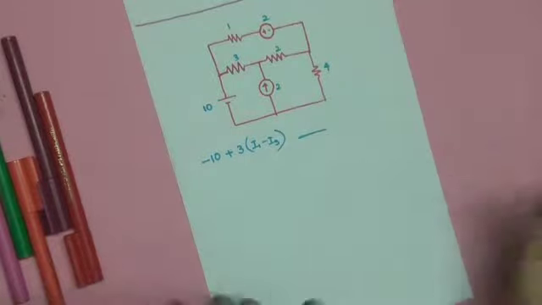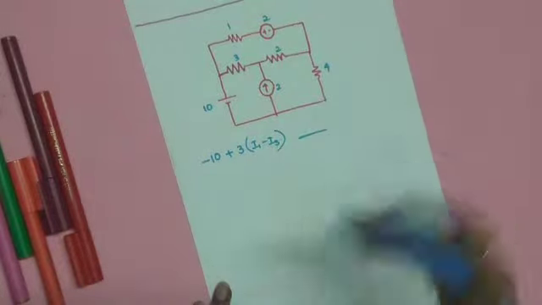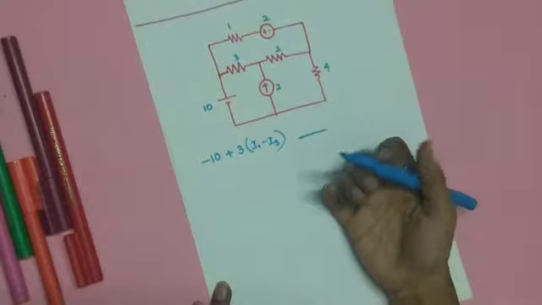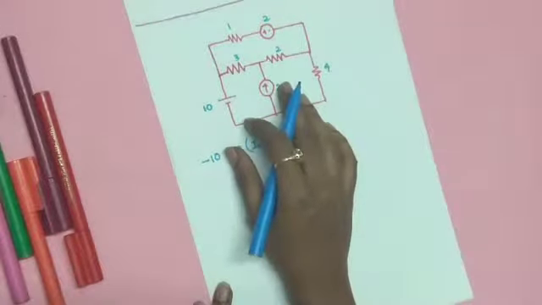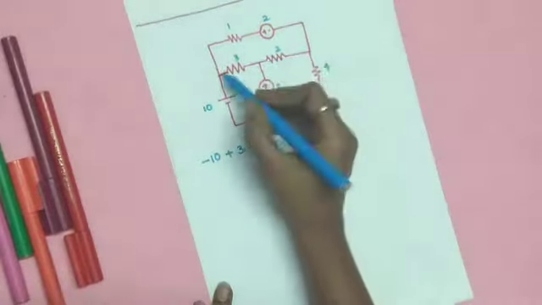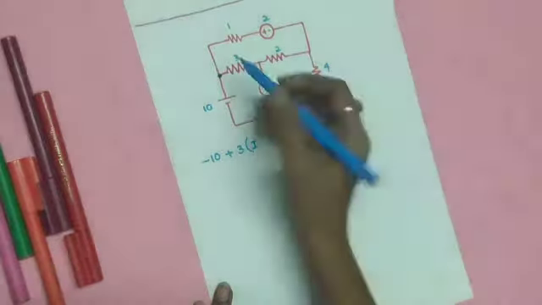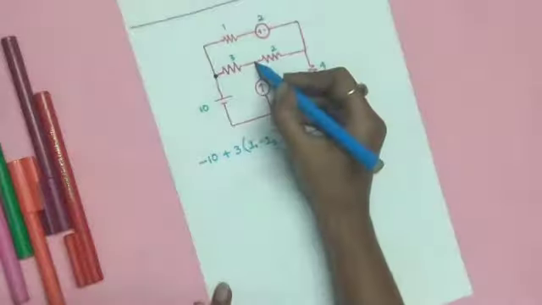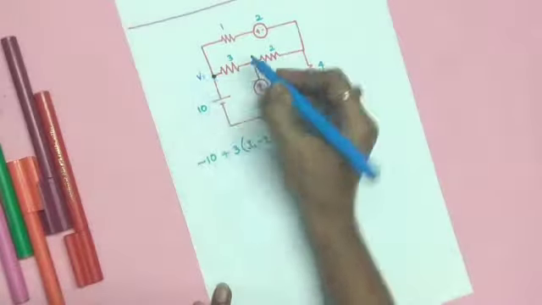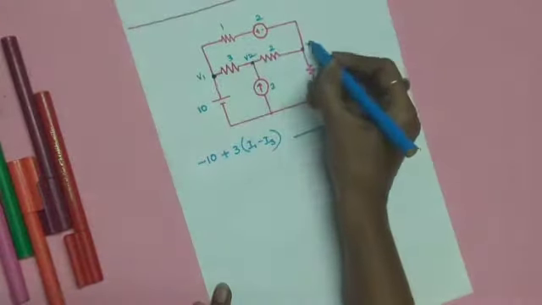Okay, fine, mesh analysis is not possible. Why don't we try it with nodal analysis? Yes, I'm trying to write the nodal equation at this node. Consider the node voltages as V1, V2 and V3.